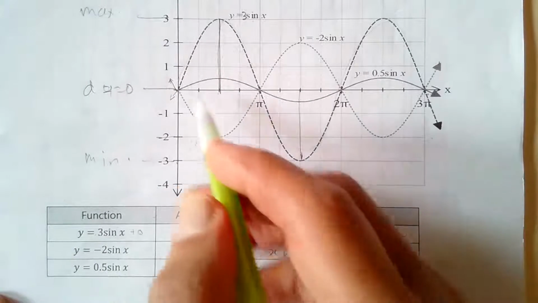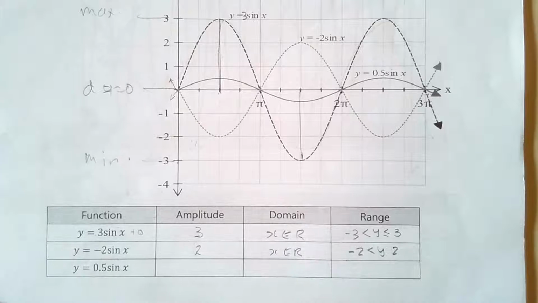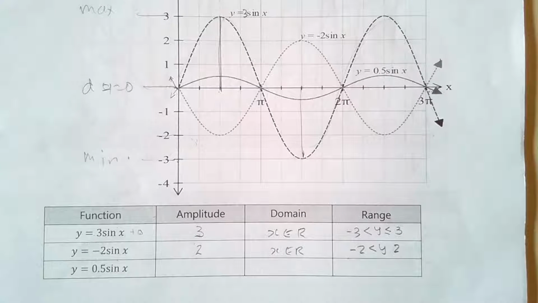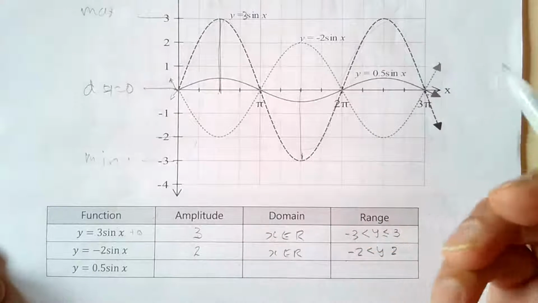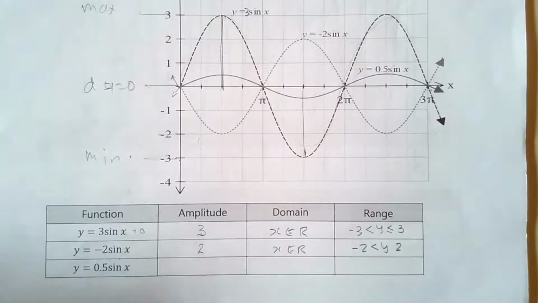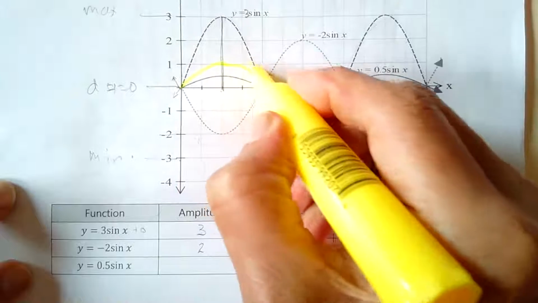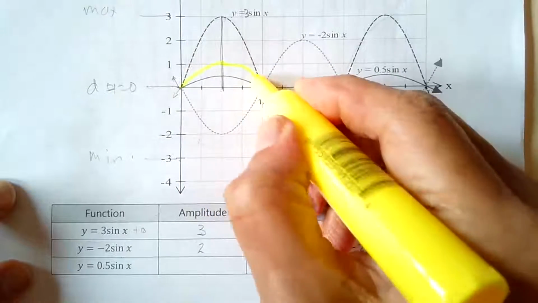So this is the reflection, because the a value is negative. Even though a is negative, it tells you that it's a reflection of the graph y equals sine x. Now, if I were to do y equals sine x, it will be a graph that goes here and here.